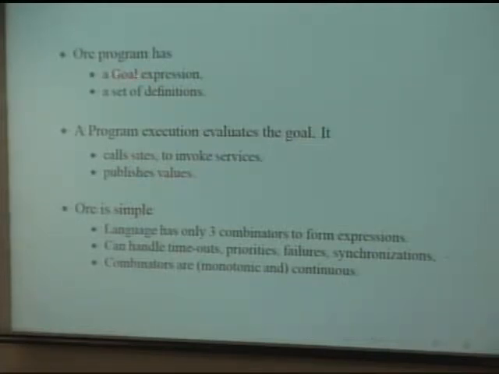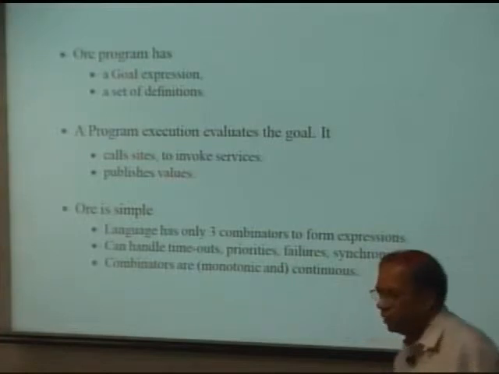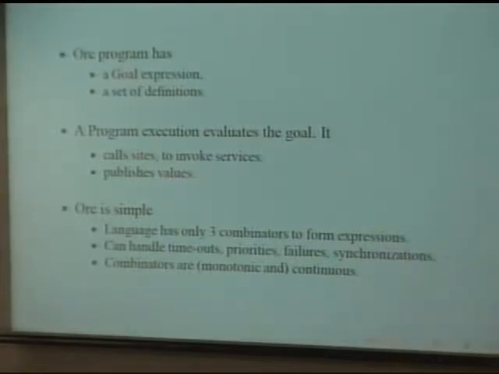And in order to evaluate this goal expression, it calls certain entities that are just services. They will provide services, and we give them a neutral name called a site. So there are a bunch of sites that I expect are available, like uncompressing a file, or checking spelling, or adding 2 numbers.